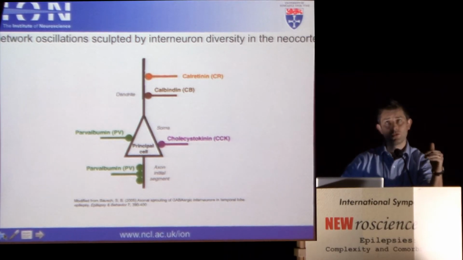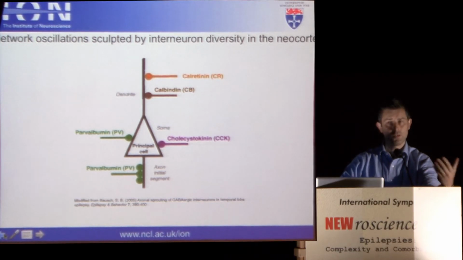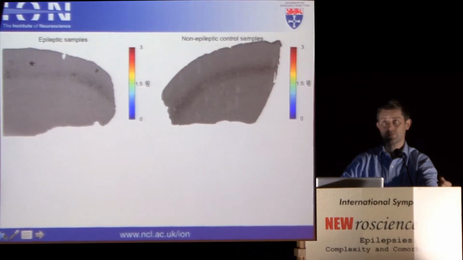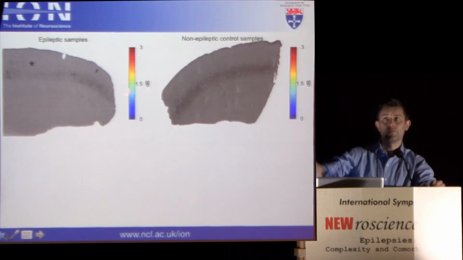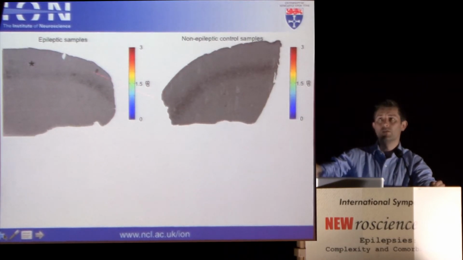So what we wanted to do was really address the changes that have occurred in these classes of interneuron and correlate that with our high density recordings in human epileptic brain slices. So here are two slices, one from an epileptic patient. Again, this is temporal neocortex from a patient with refractory epilepsy undergoing an amygdalohippocampectomy.